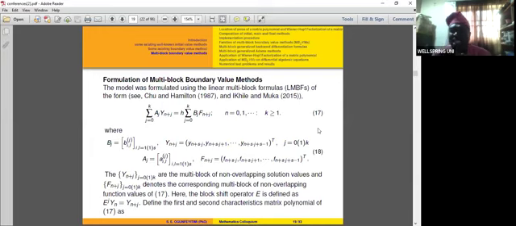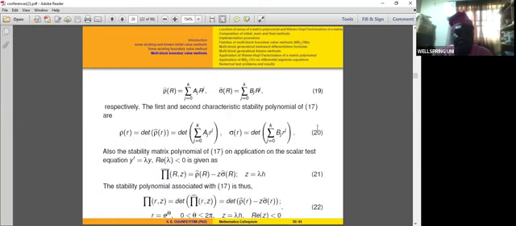So we strictly focus on non-overlapping solution values, and the function values are as well non-overlapping, as given in 17. Here, the block shift operator E is defined as E raised to power J of Yn, which is given as Yn plus J.